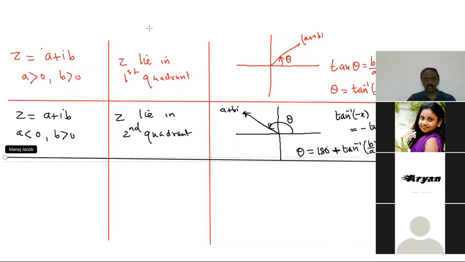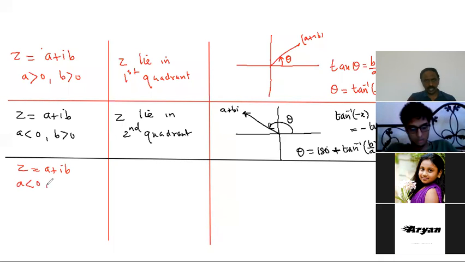Now, when we go to the third quadrant, Z is A plus BI, A is negative and B is negative. Then Z will lie in third quadrant.